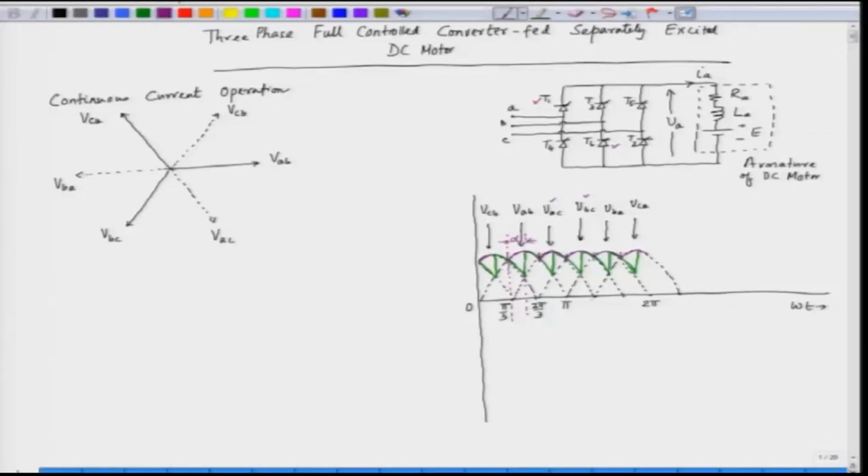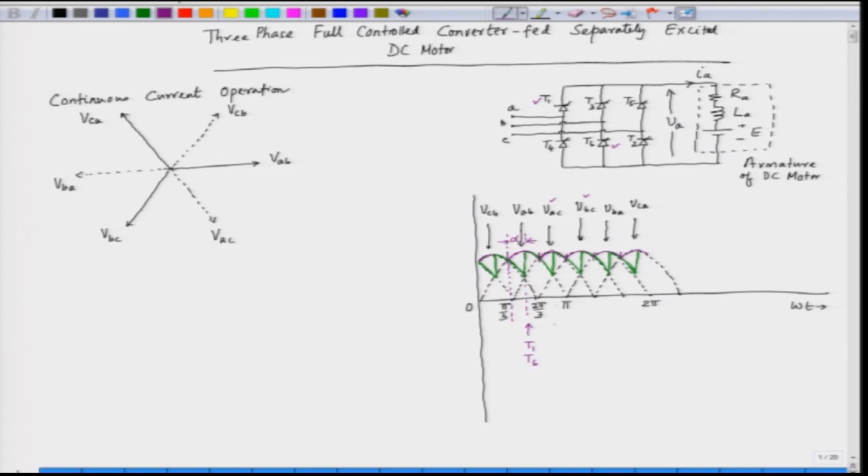Now, here we see the ripple frequency. In one cycle, that is from 0 to 2 pi, 6 times the SCRs are triggered. At this instant we trigger T1 and T6.